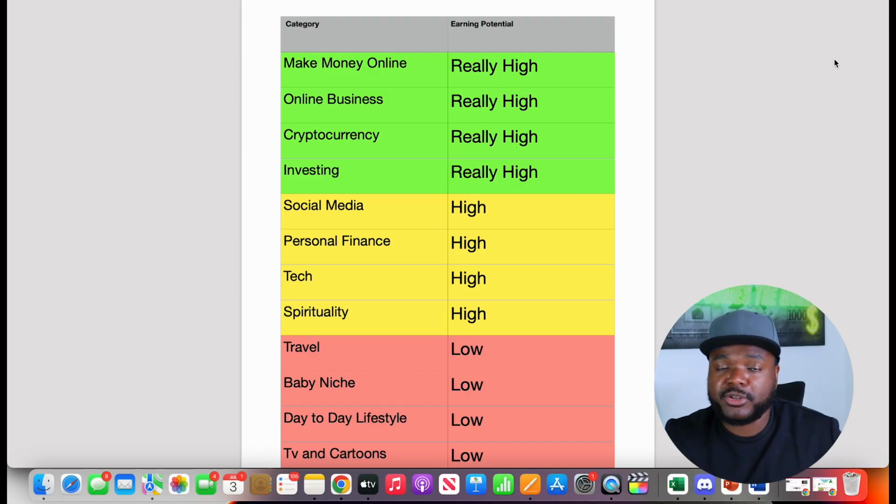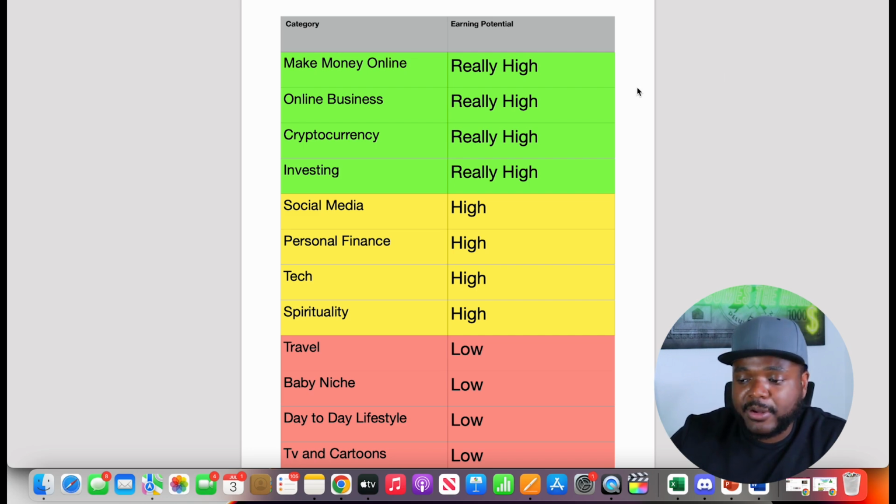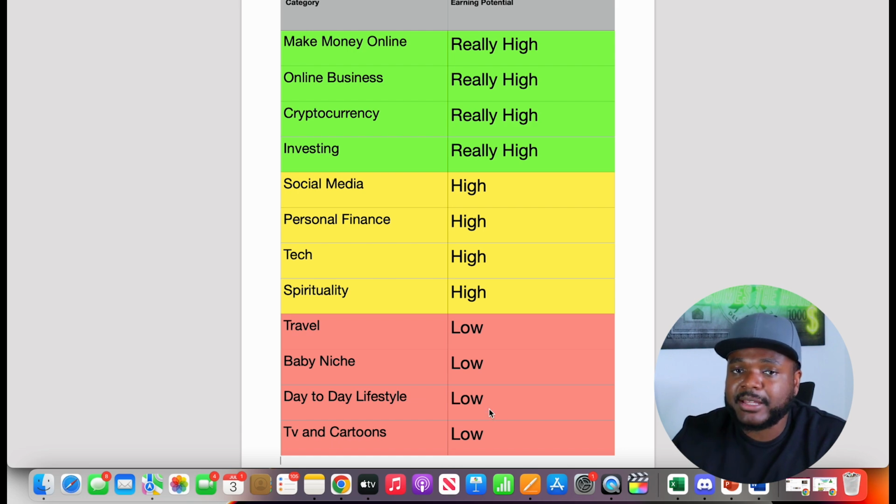And to give you an illustration of what I'm talking about from my own personal experience, I've got this table here where I've broken down some of the different niches that are out there where you're going to be able to earn really high, maybe just high, or really low. And bear in mind that I only want you to use this as an example just to get you guys thinking about what your videos are going to be about.